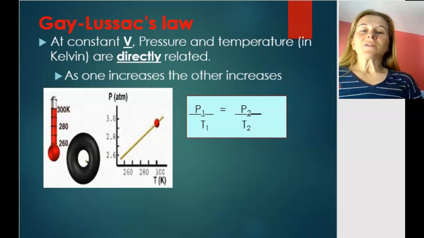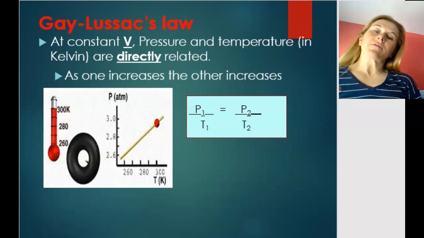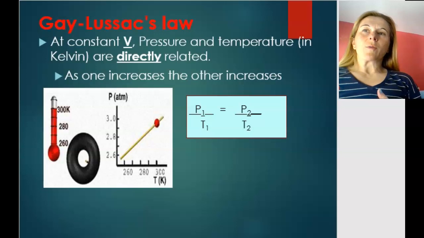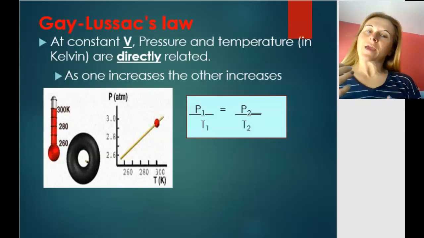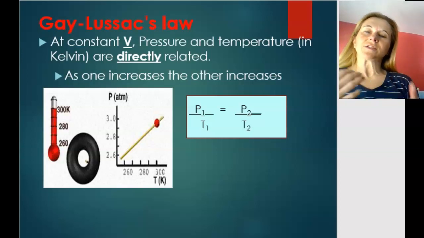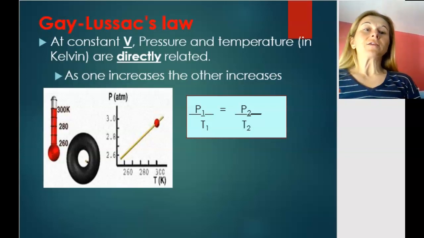Hi guys. So in our prior gas law videos, we talked about Boyle's law, how when pressure increases, volume decreases, or if we increase the volume, pressure decreases, right? That they're indirectly proportional, and we got an equation for that.